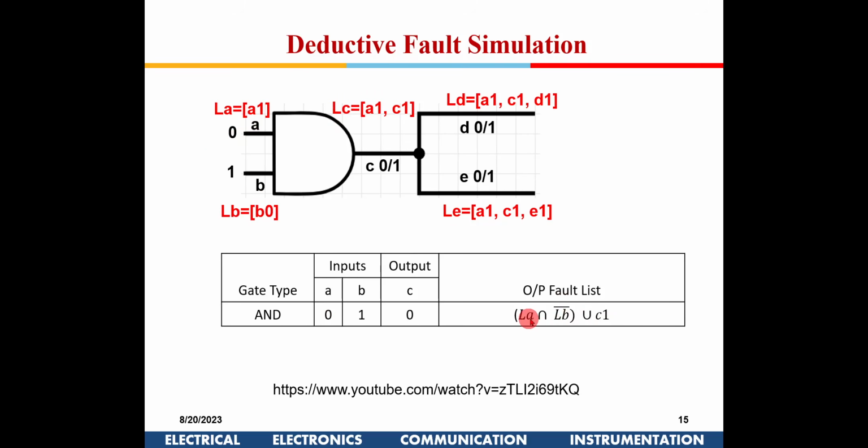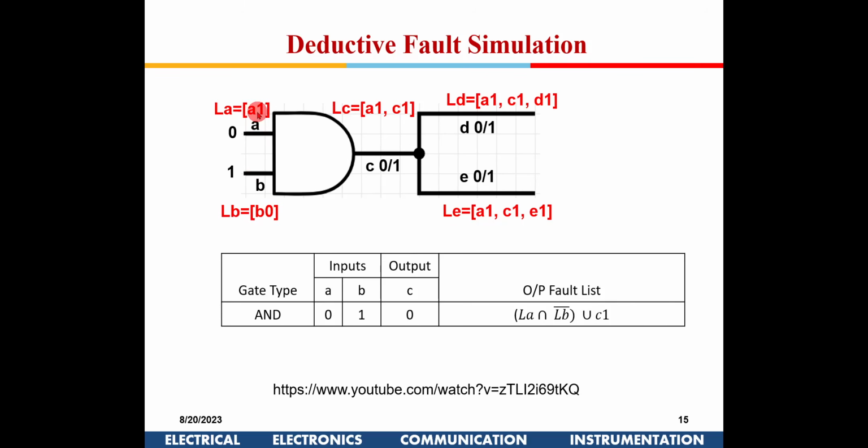Now this LA, LB that we are writing is specific to this test vector. When the test vector changes, the definition of LA and LB will also change, so we need to remember that. LA doesn't necessarily mean A is 1, and LB doesn't necessarily mean B is 0.